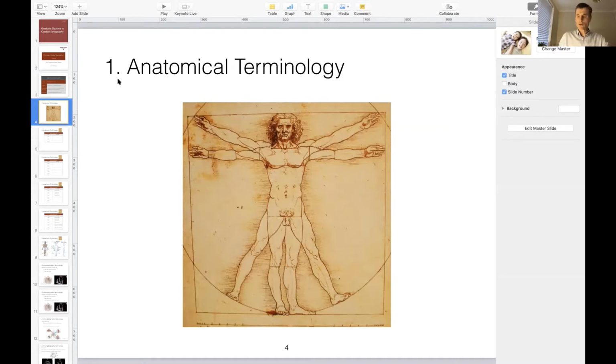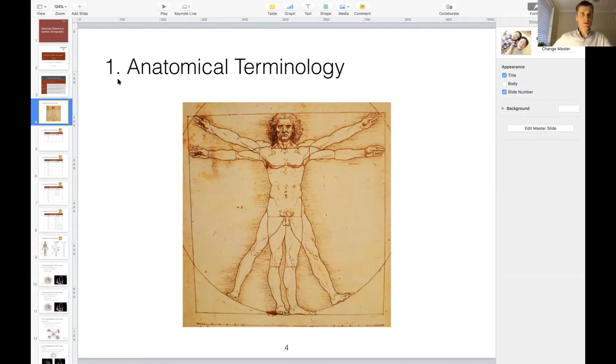So anatomical terminology. This is a famous artwork from a famous artist and physiologist and philosopher, Leonardo da Vinci, and he lived in the 16th century. The reason I put that up is he was an anatomist, among other things, and he was one of the people who was, even at that stage, using language that helped to describe anatomy clearly.